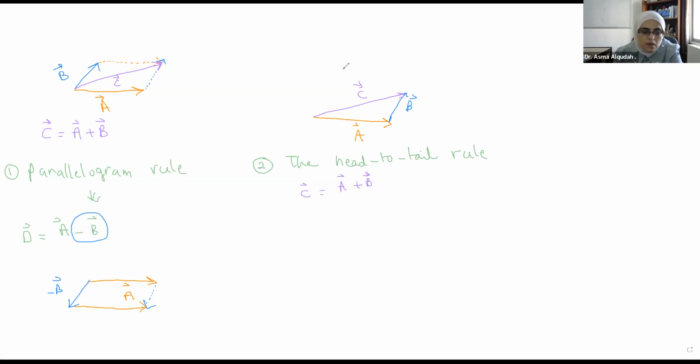So we start here between the two vectors and we finish at the other corner. So this is vector D. Okay, so D equals A minus B.